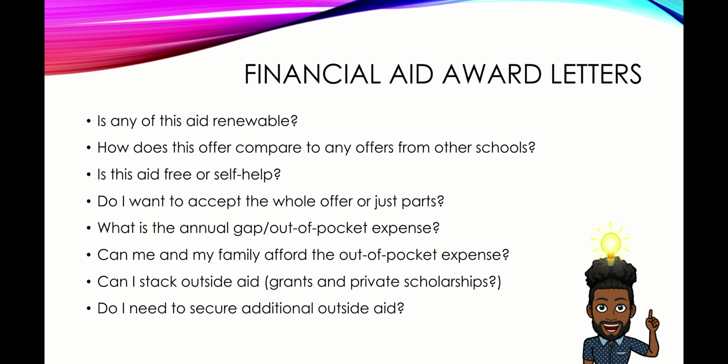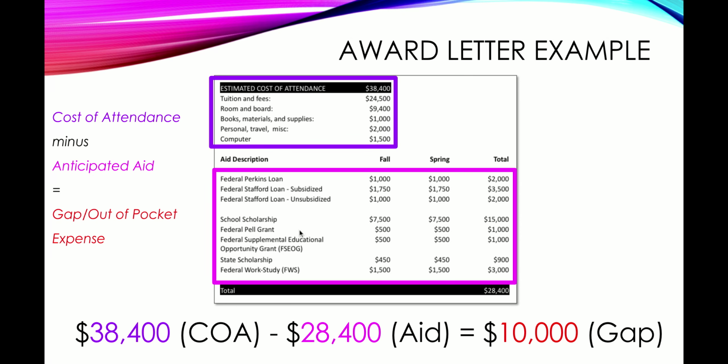Can you stack the outside aid? So if you're looking at a financial aid award letter, they've included this federal aid, the institutional aid like the school scholarship, all right, more federal aid here, the state scholarship, federal work study. If you have other private scholarships that are giving you money, or more money coming from other family members or other benefactors, your college and university may not know about it.